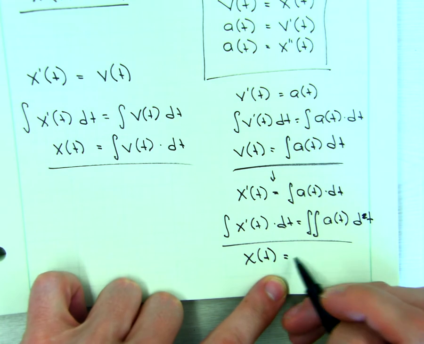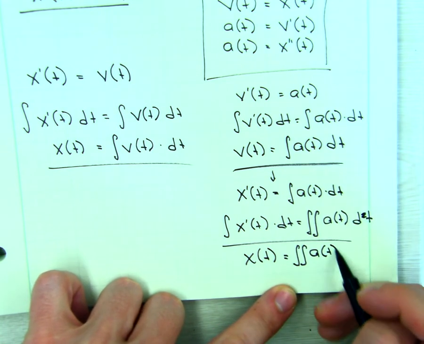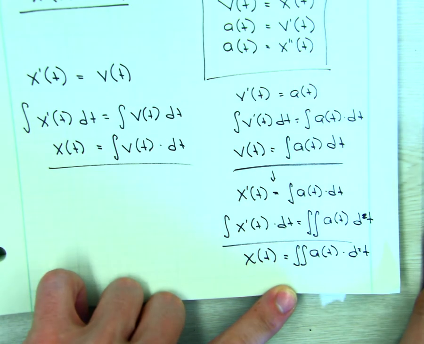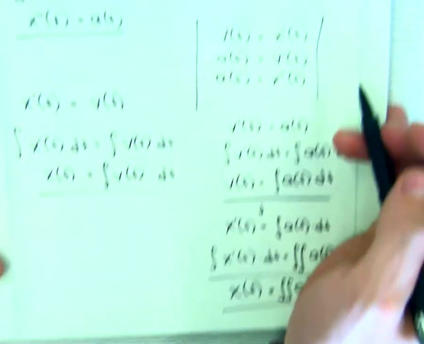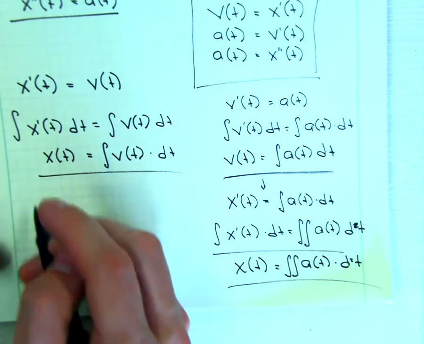X of t is going to be equal to the integral of a of t d squared t. Cool. Now this is my other relationship here. In the previous one we were going with the derivatives, and in this box over here, we're going to go with the integrals.